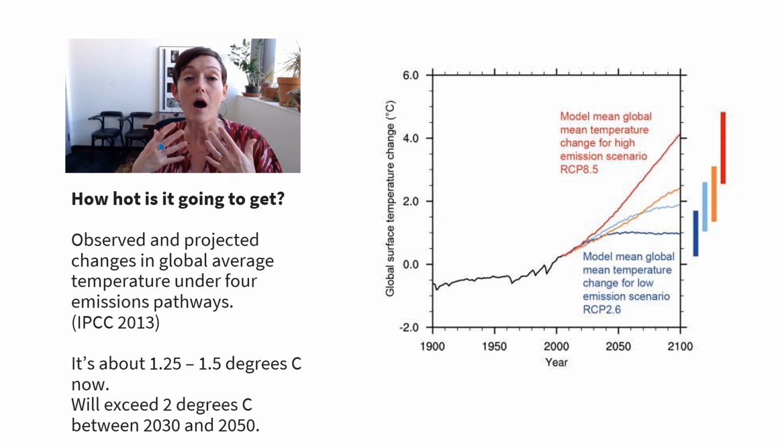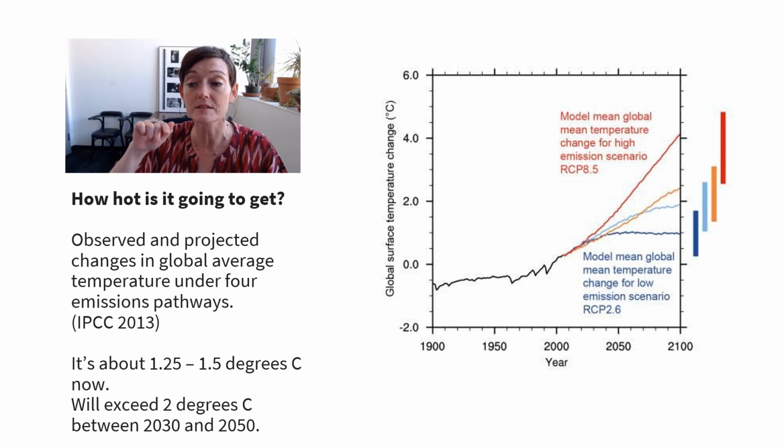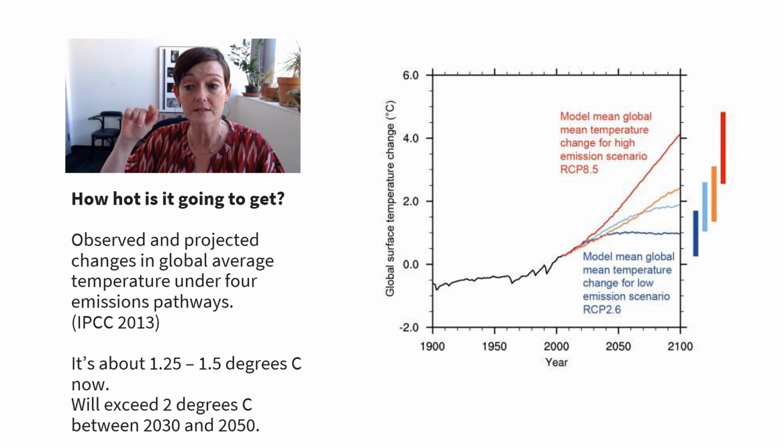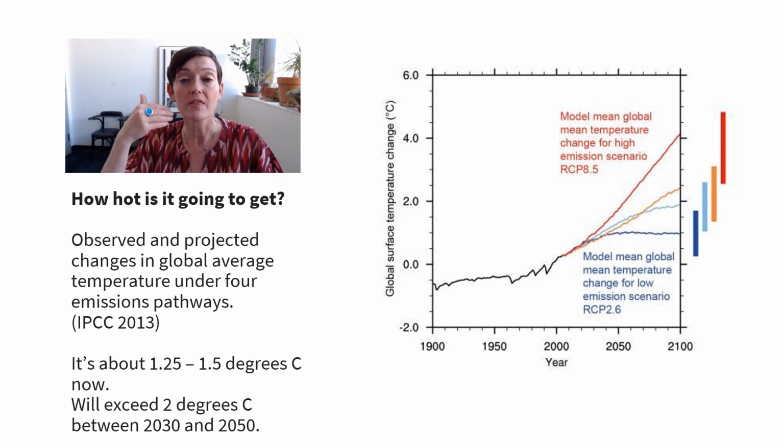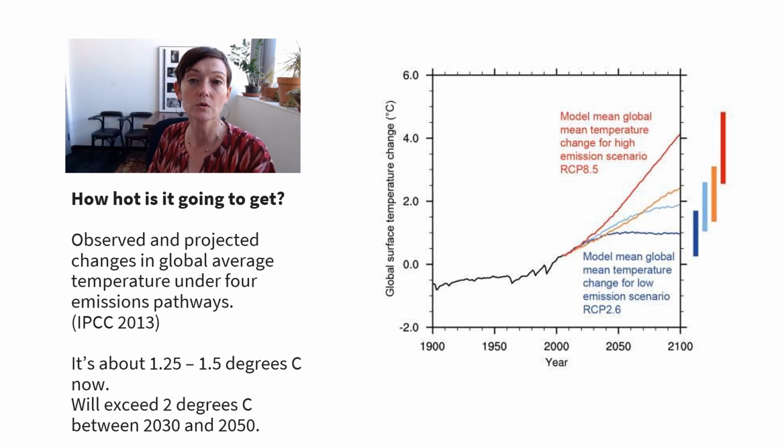Right now, as you can see from this graph, models are showing that it's possible for us to get quite a bit higher than 2 degrees Celsius based on our current trajectories, that we have not reined in our fossil fuel consumption and our greenhouse gas emissions, and we are continuing to warm the planet as a result.